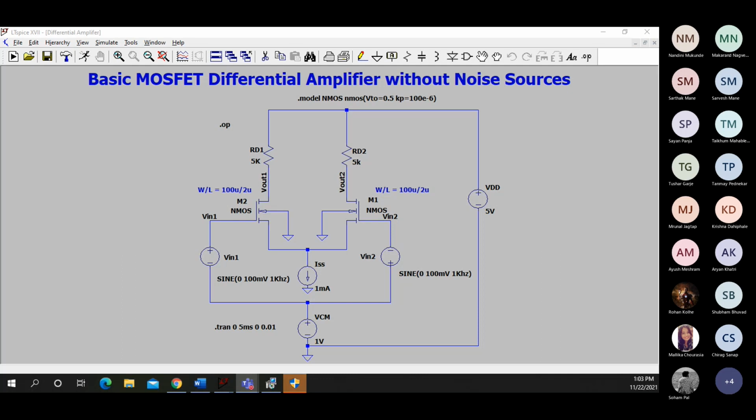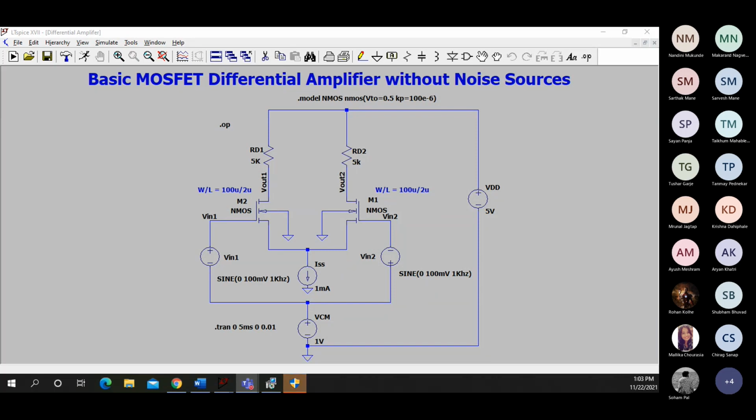So today we are going to see the different kinds of differential amplifier. My advice to you is that you start making this particular differential amplifier, and we will slightly modify it and see the noise performance of this amplifier when we apply some kind of input signal.